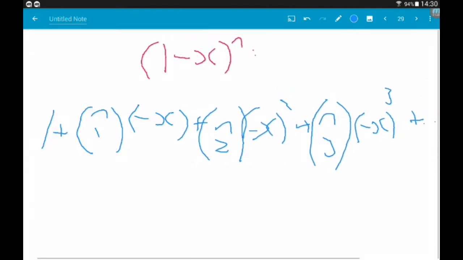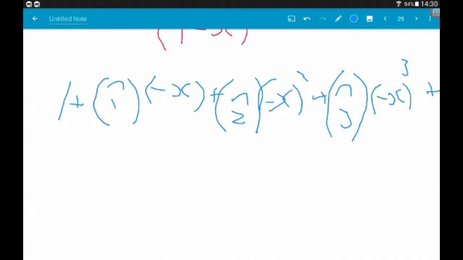So if we tidy this up a little bit, we've got 1 plus, well, it's actually going to be minus n choose 1 x. Now that's just because we had n choose 1 times minus x, so we can write that as minus n choose 1 times x.